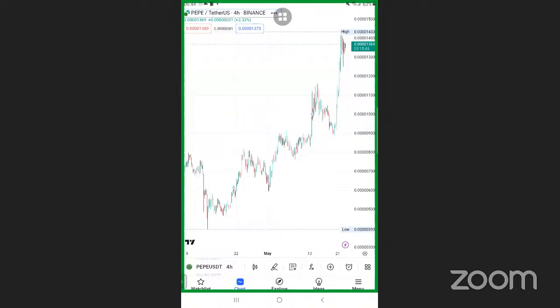Okay, so let's get into it. Yesterday we did navigation of the TradingView app. The reason we were doing it is that we are going to use it for our technical analysis.